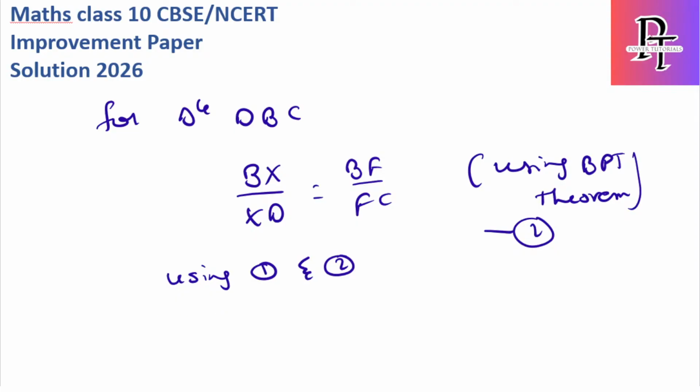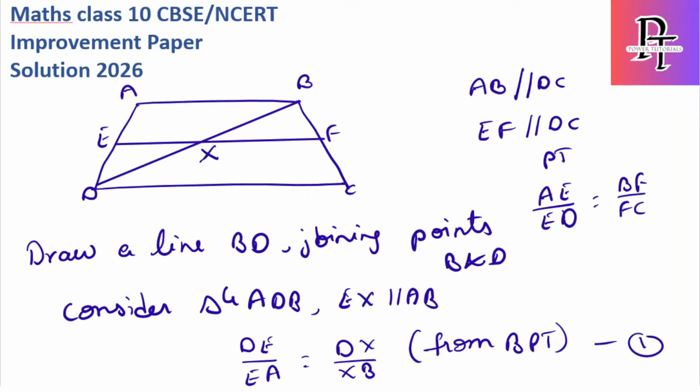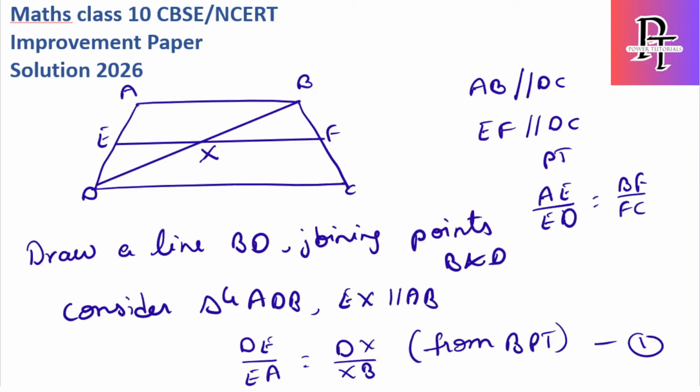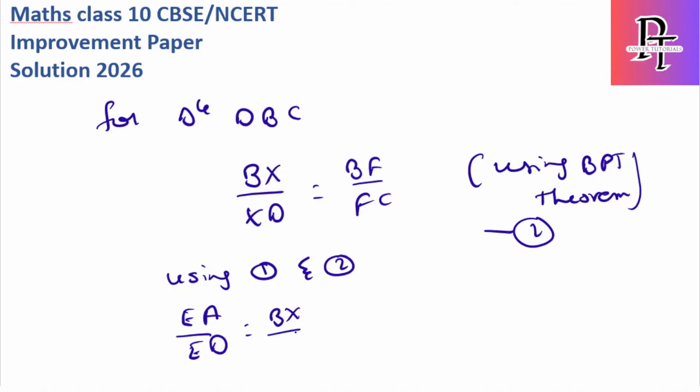So just invert the first equation: EA by ED is equal to BX by DX, which is equal to BF by FC.